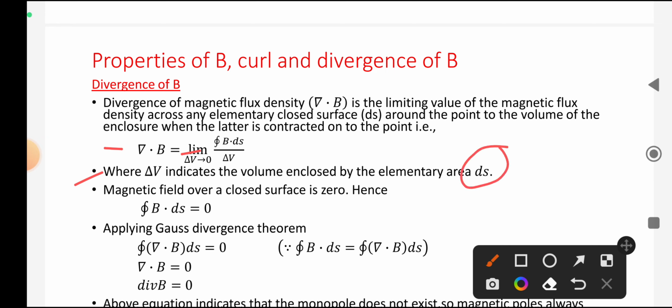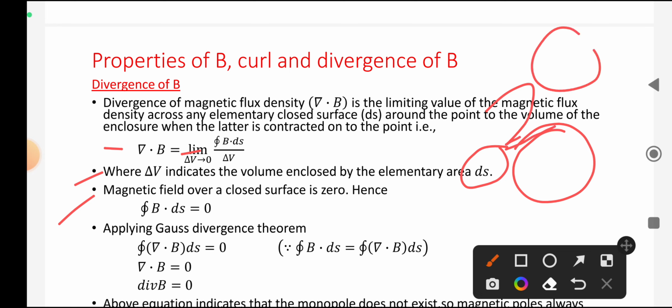Magnetic flux over a closed surface is always 0. So integral B dot ds is equal to 0.